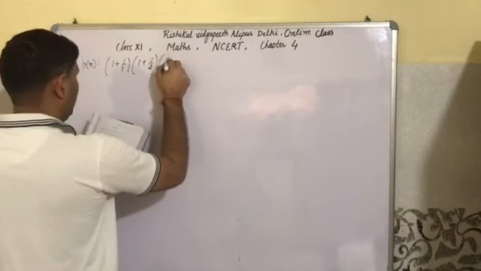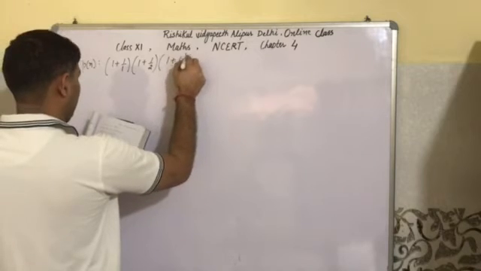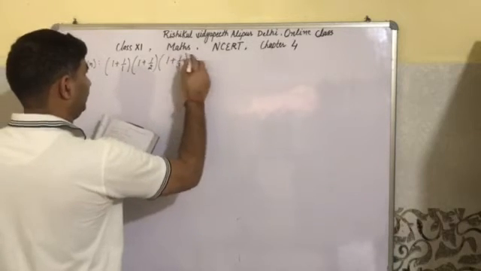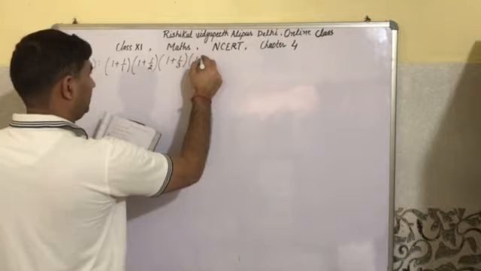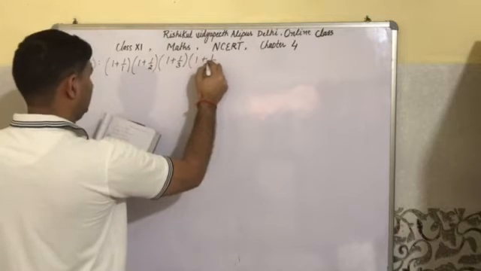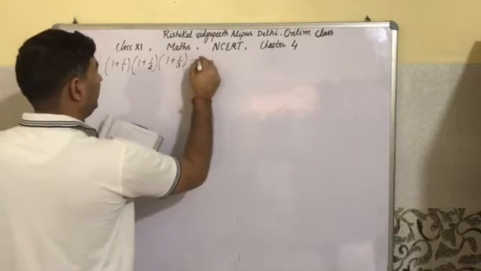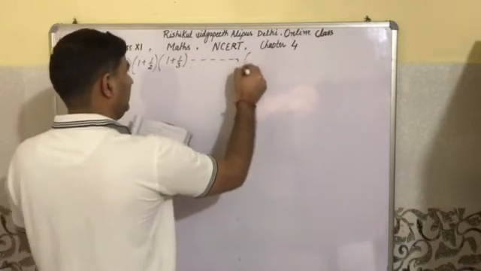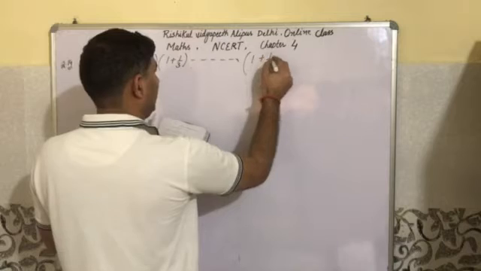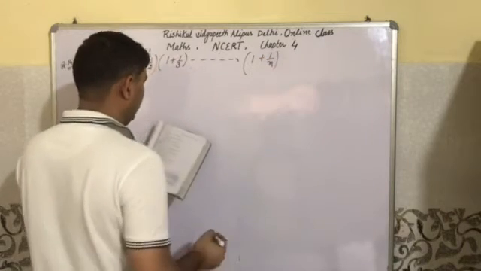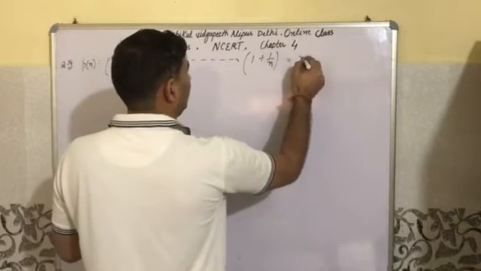And 1 plus 1 by 3, and all terms are multiplied. इससे पहले जो आपने टर्म की वो सारी टर्म समेशन में थी, प्लस में थी. This 1 plus 1 by n is equal to n plus 1.